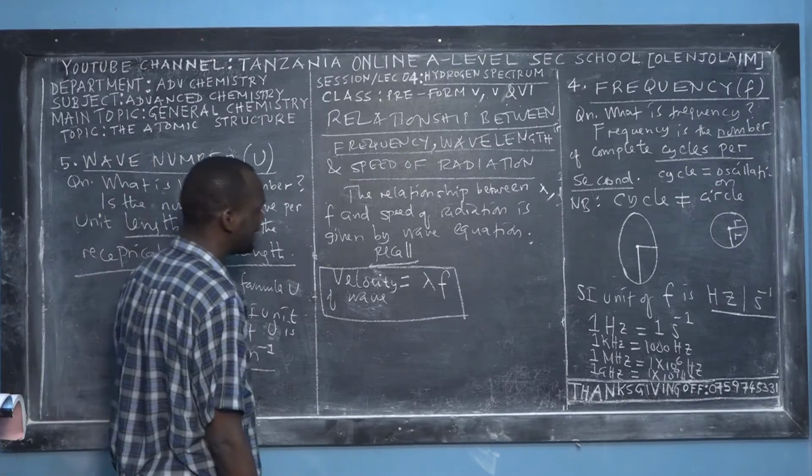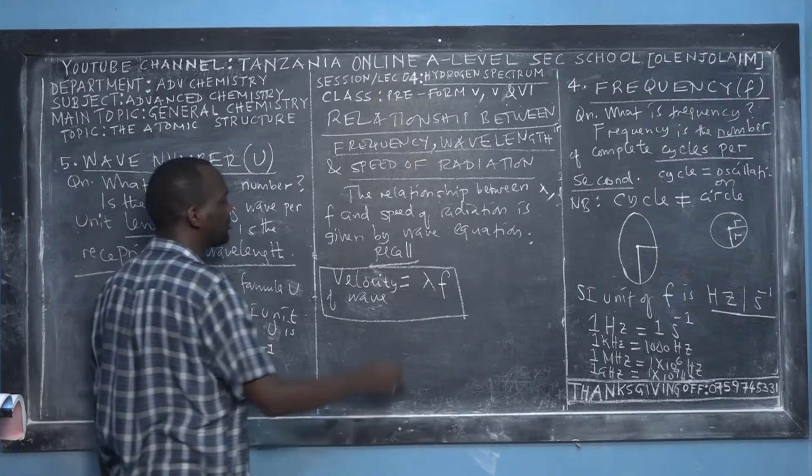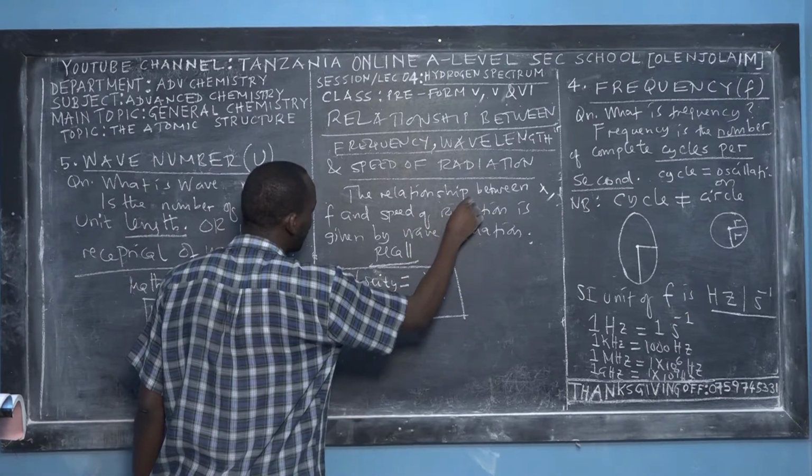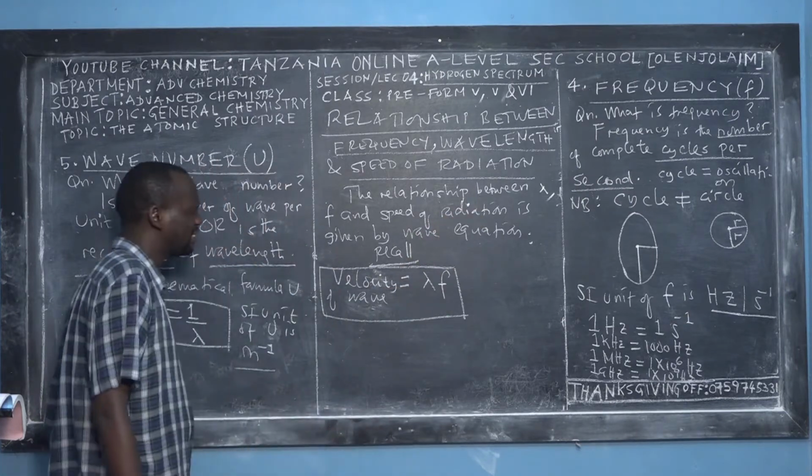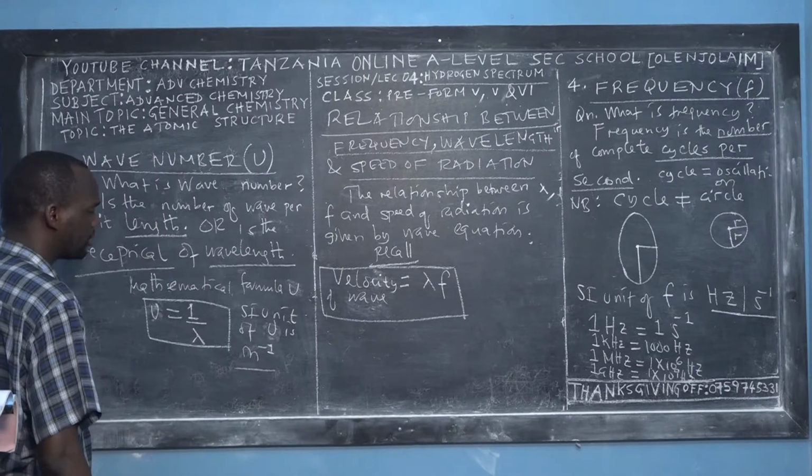So for radiations, you have two types of wave: electromagnetic waves and non-electromagnetic waves.